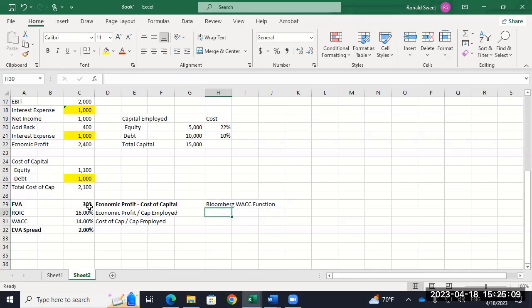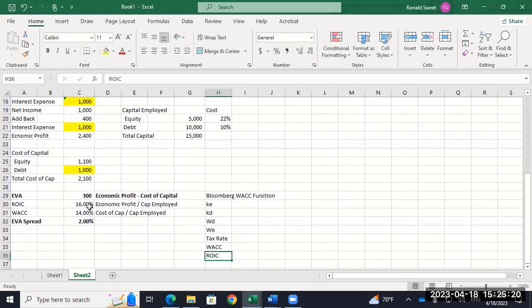It shows the KE, the KD, the weight of debt, the weight of equity, the tax rate, the WACC, and return on invested capital. It shows all of that stuff, which is really cool. It's Bloomberg's numbers, so you may not agree with them, especially the KE, but the KD is pretty powerful.